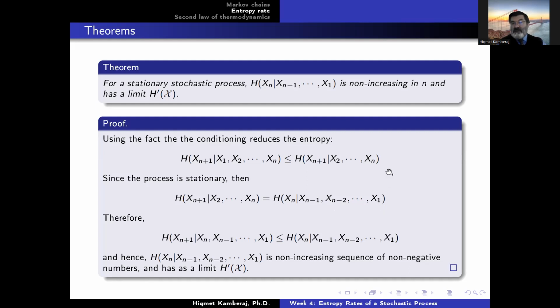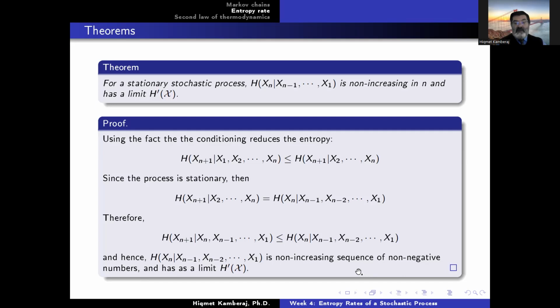And this is what we wanted to show, because this shows that the conditional entropy of Xn given Xn-1, Xn-2, ..., X1 is a non-increasing sequence of non-negative numbers. All right? Non-increasing because I have less than or equal here, and non-negative because conditional entropies are non-negative.